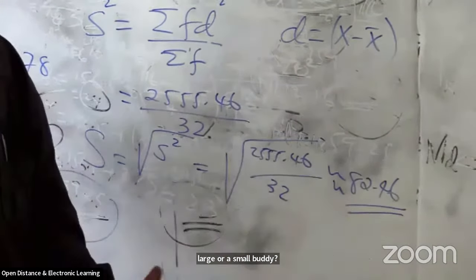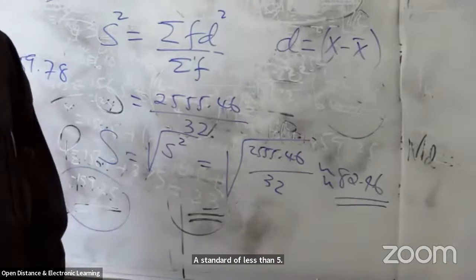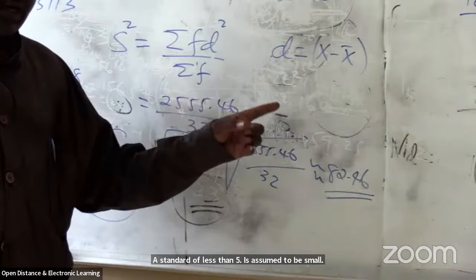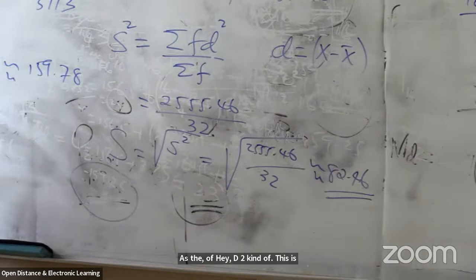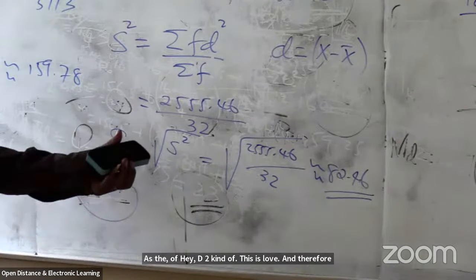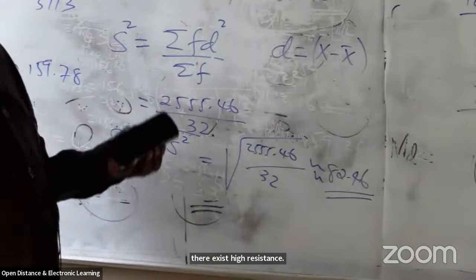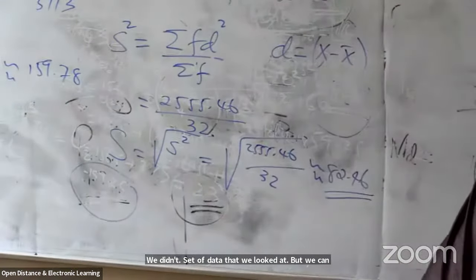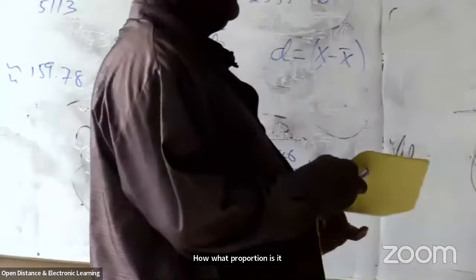A standard deviation of less than 5 is assumed to be small. A standard deviation of 82 is large. And therefore, there exist high variations within this set of data that we looked at earlier. But we can go ahead and see what proportion is explained.